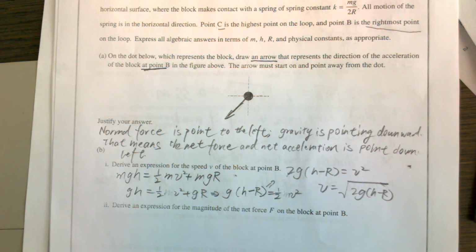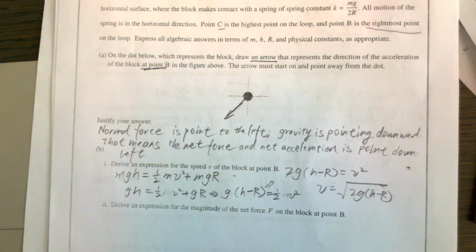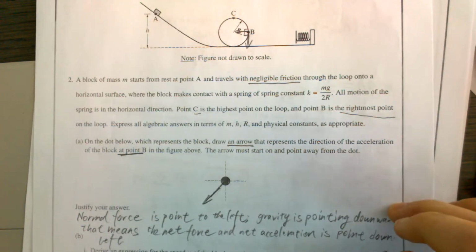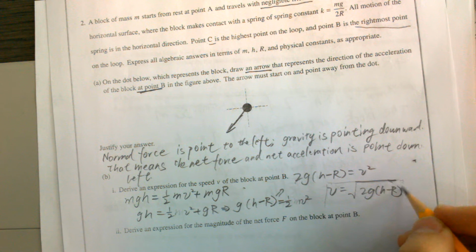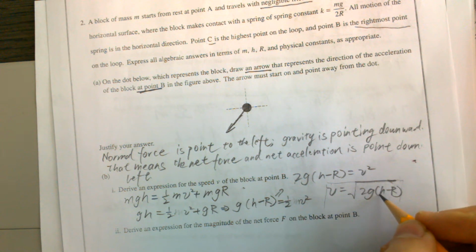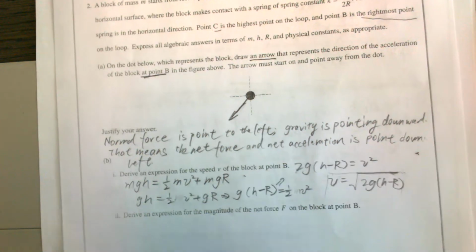Okay, part 2 of part B is to derive the expression for the magnitude of the net force F on the block at point B. We know the speed at this point is the square root of 2g(h minus r).